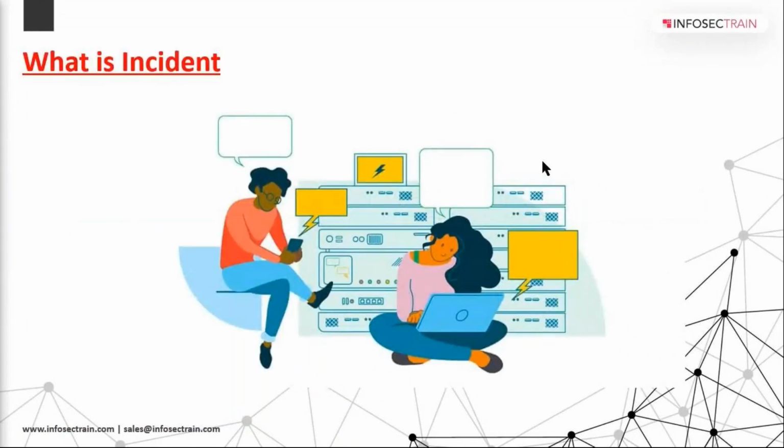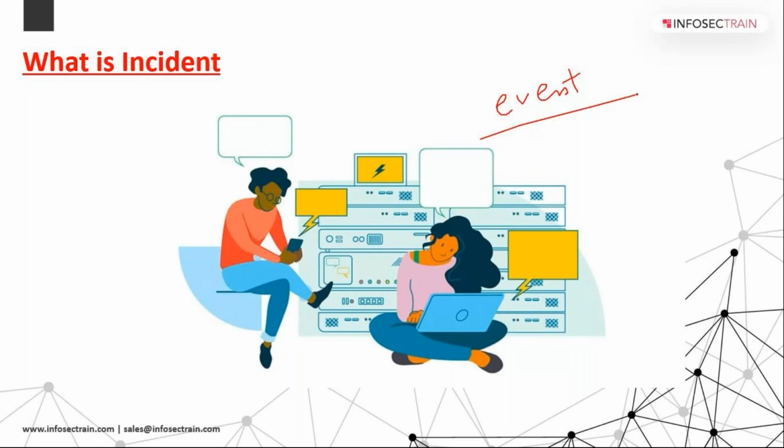The first question that arises is, what is an incident? Before jumping into that, I would ask the question, what is an event? Event means a kind of work you are performing.